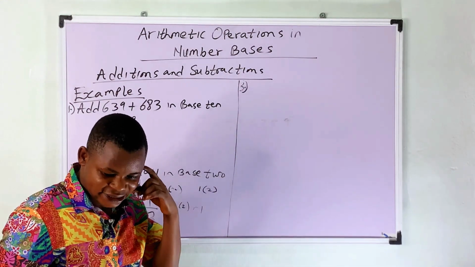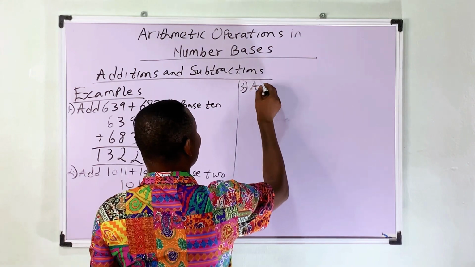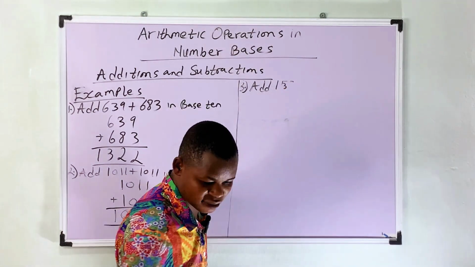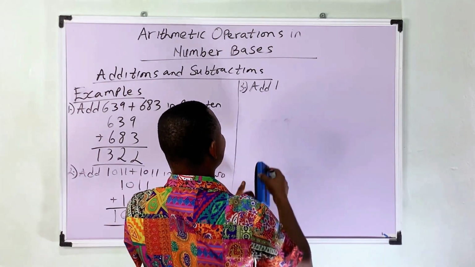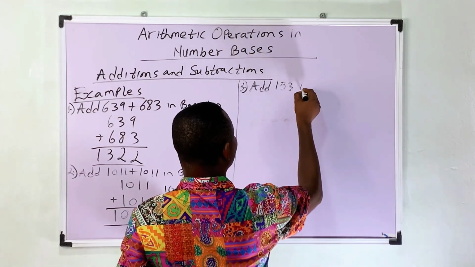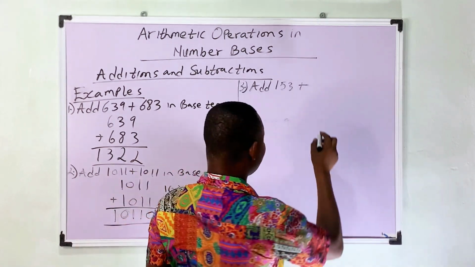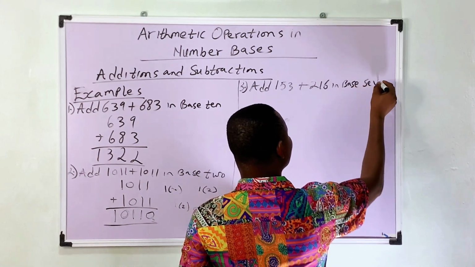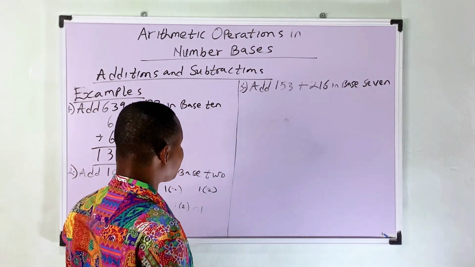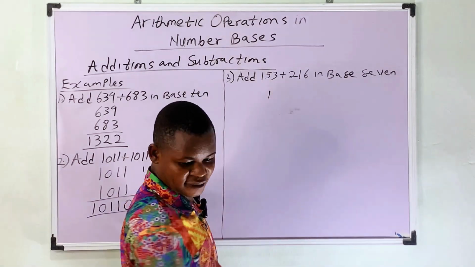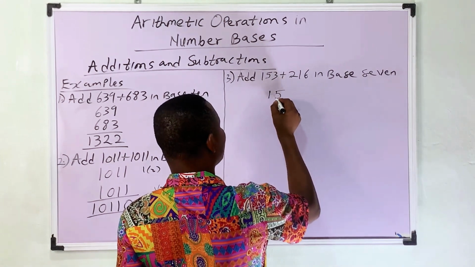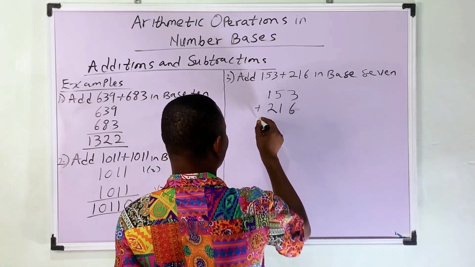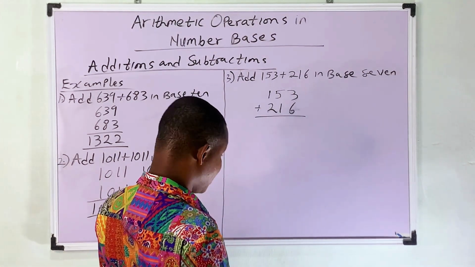Example 3. Let's add 153 plus 216 in base 7. 153 and 216. 3 plus 6, that is 9.